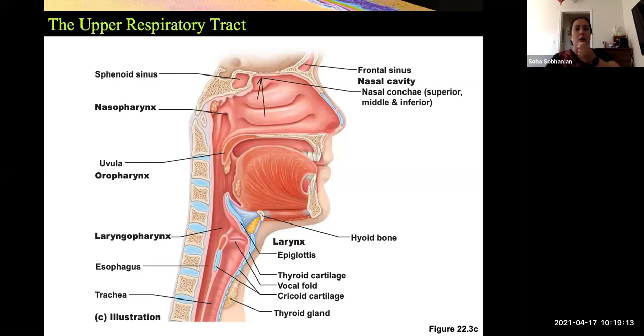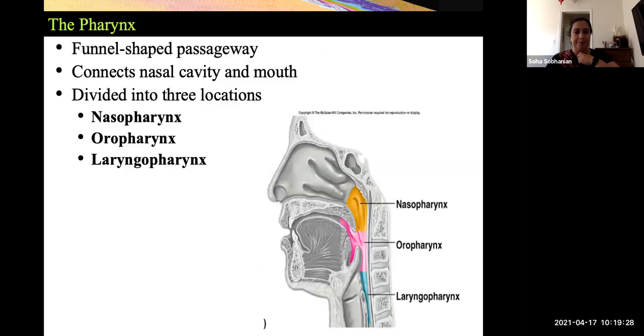You have to show me the segmentation of the pharynx, which is nasopharynx, oropharynx, and then laryngopharynx. Providing that detail is what gives you full credit for this question. Here is another picture that highlights the regions called laryngopharynx, oropharynx, and nasopharynx. So that's about it as far as you need to know.